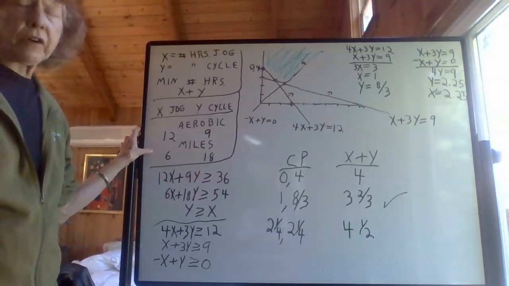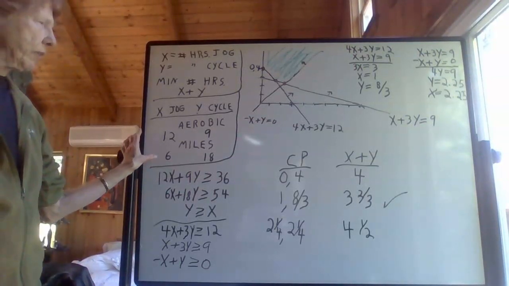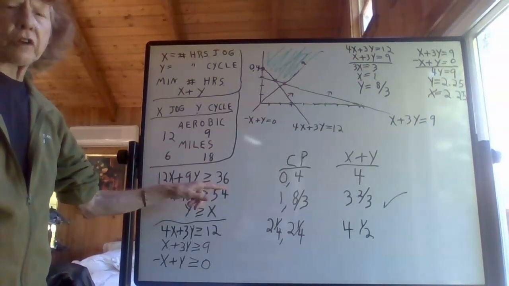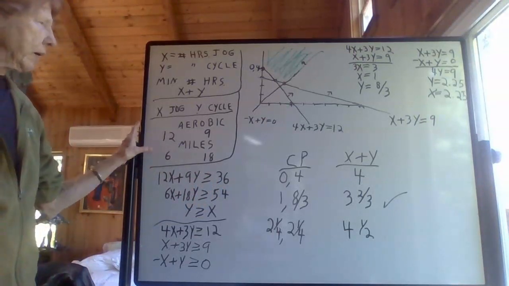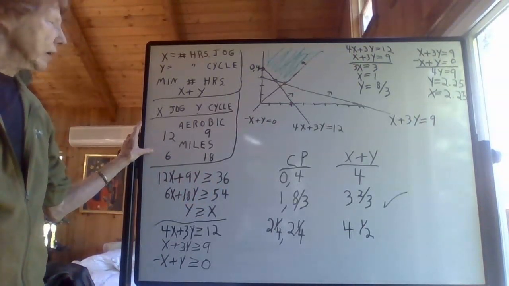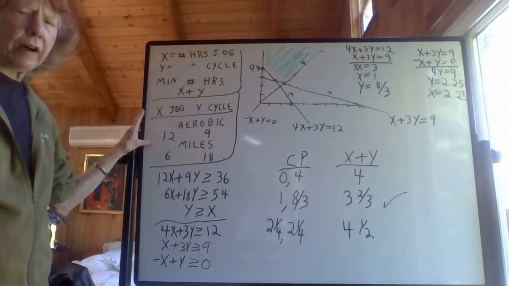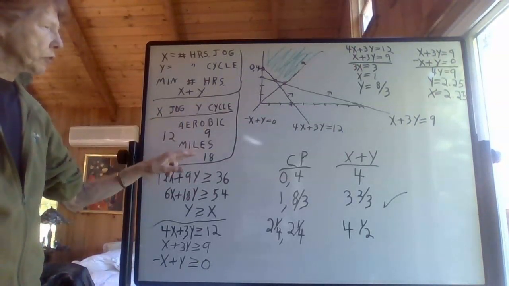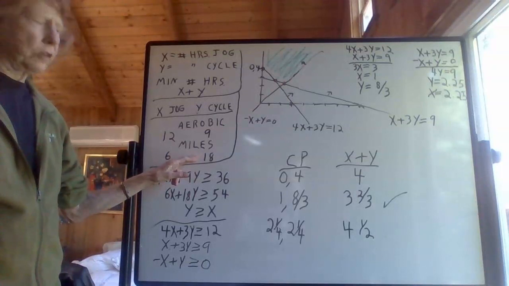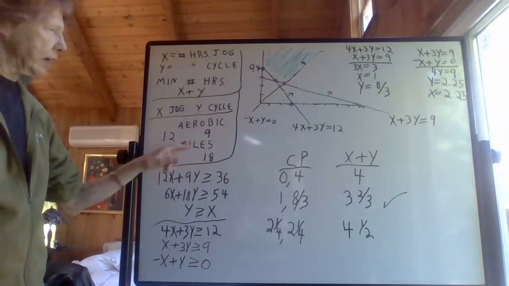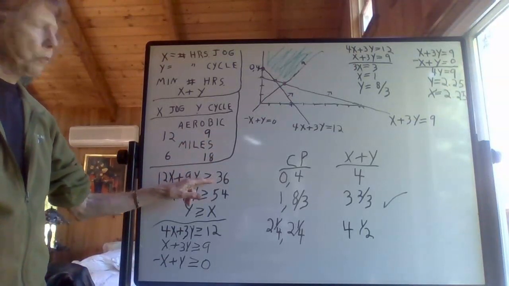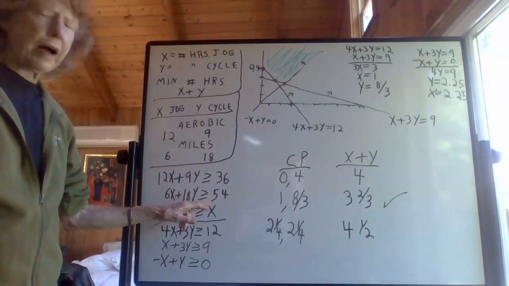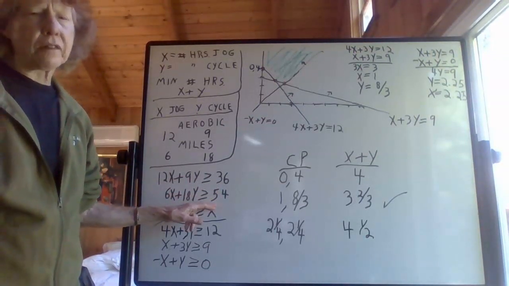And then she has another constraint of miles. For each hour that she jogs, she covers 6 miles, and for each hour that she cycles, she covers 18 miles. So then you just fill in X, X, Y, Y, and you want the aerobic points to be greater than or equal to 36 points, and the number of miles, she wants to cover at least 54 miles a day.